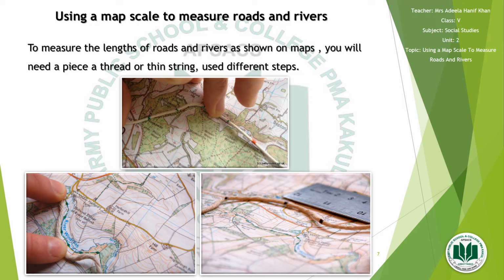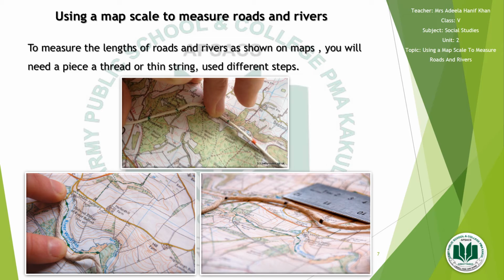Third step is trace the length of the road or river with the thread as shown in the picture. Mark the thread with a pen when you come to the point where you want to stop measuring. This is fourth step.